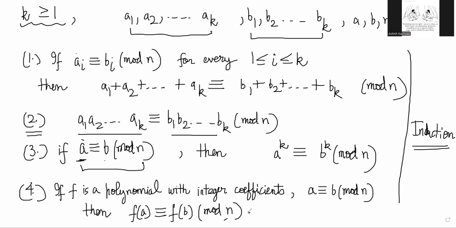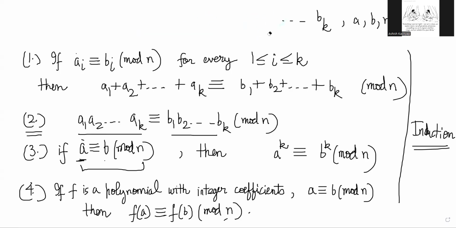Think about it. f is a polynomial with integer coefficients. Usually, how are polynomials? ax square plus bx plus c, for example.